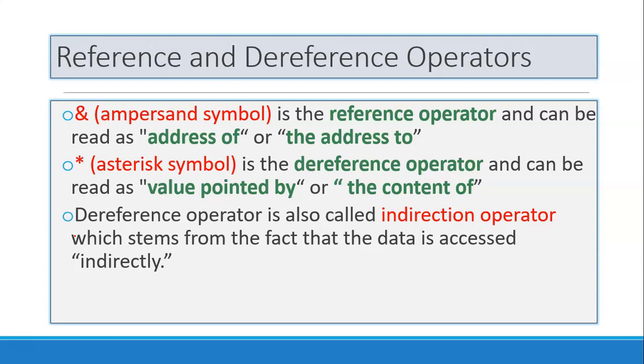In other languages like Java, Python, etc., they don't give you that access to manipulate the addresses. But C++ will give you that freedom. So it has got its own good part as well as the bad side of it.